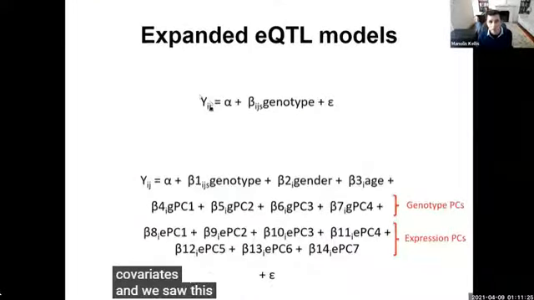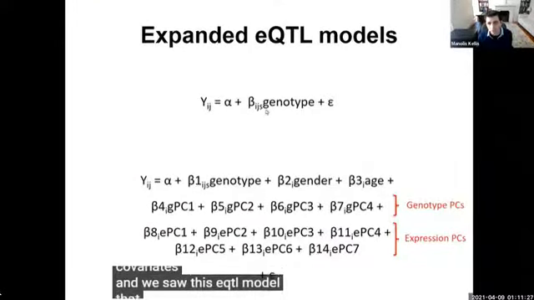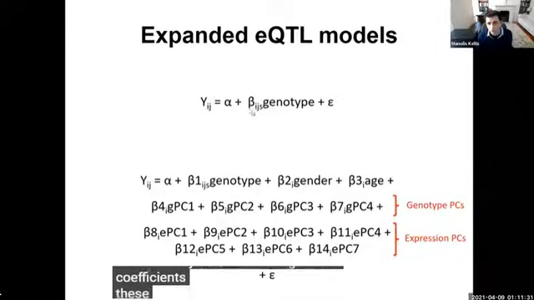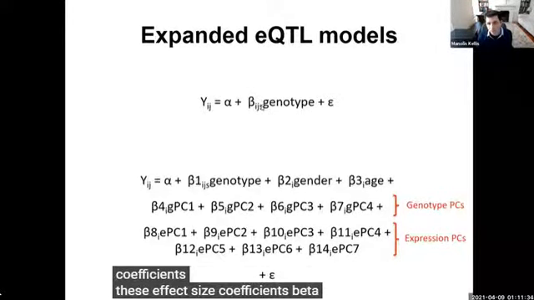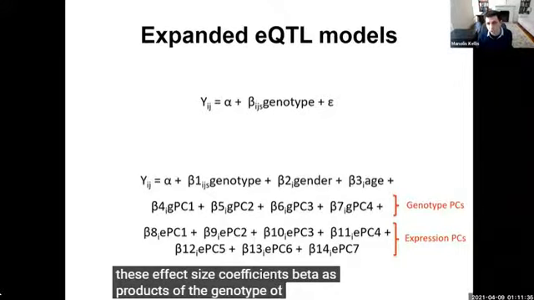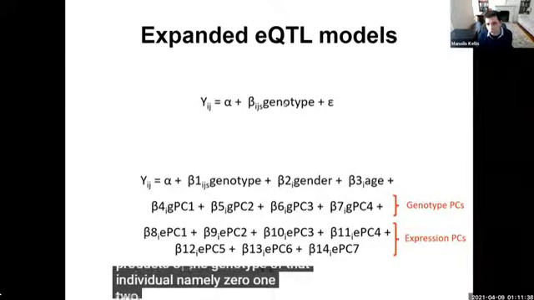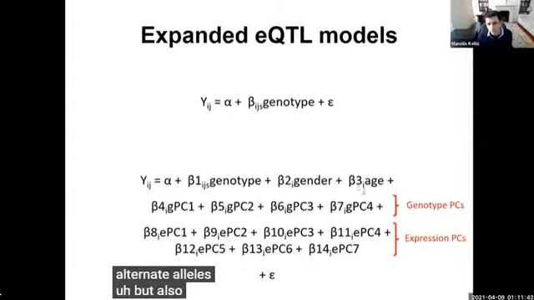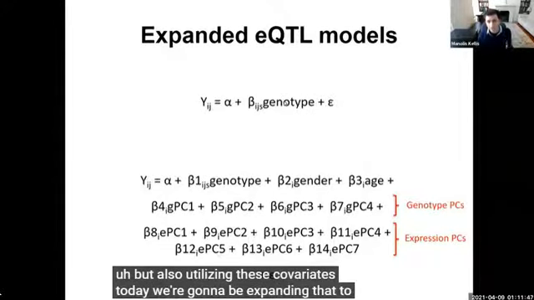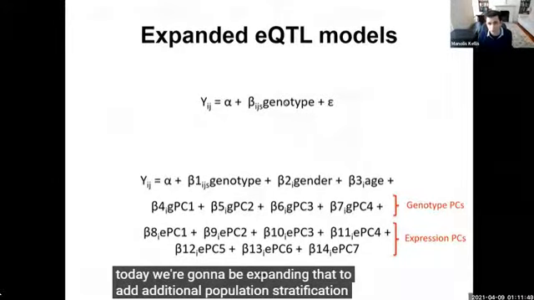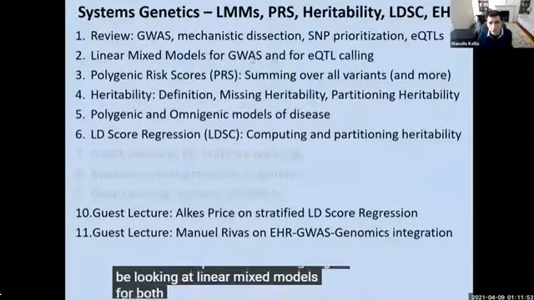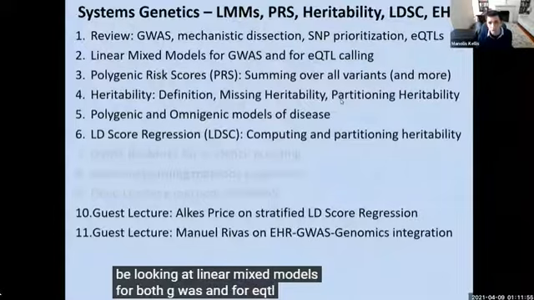We saw this eQTL model that doesn't just use these regression coefficients, these effect size coefficients beta, as products of the genotype of that individual, namely 0, 1, 2 risk alleles, for example, or alternate alleles, but also utilizes these covariates. Today, we're going to be expanding that to add additional population stratification effects. In particular, we're going to be looking at linear mixed models for both GWAS and for eQTL calling.